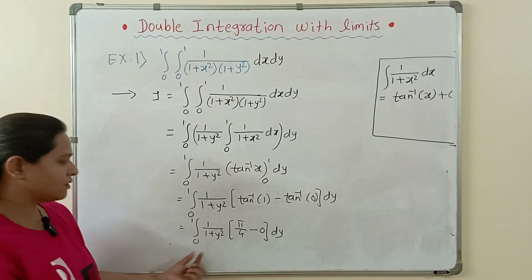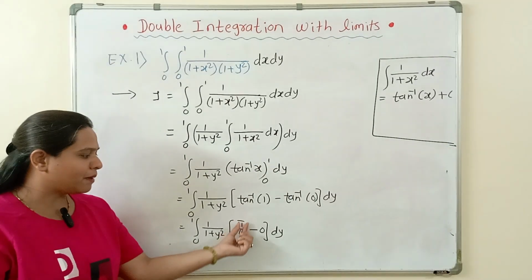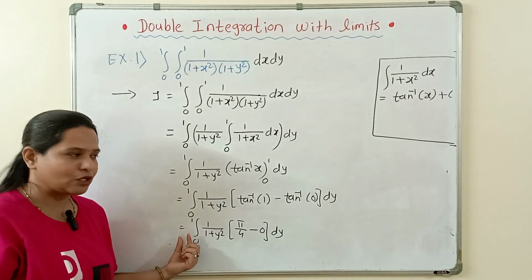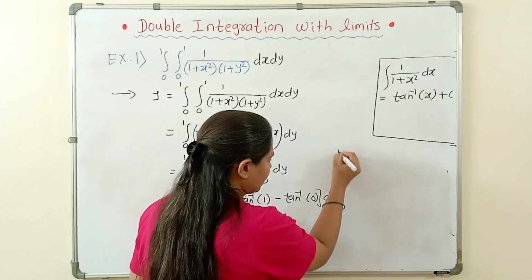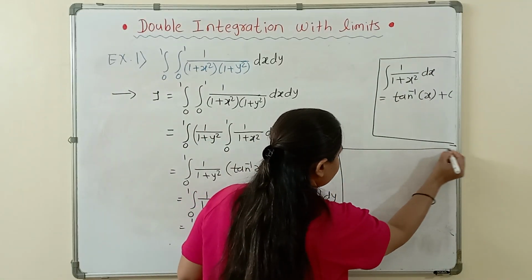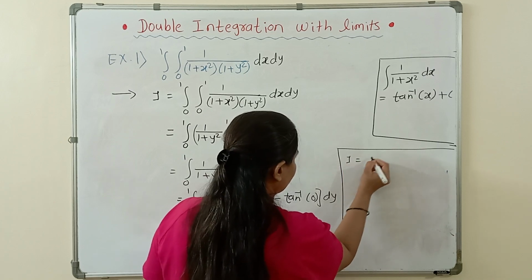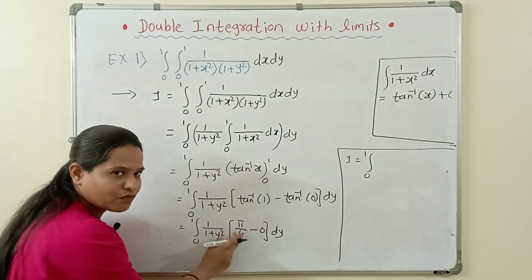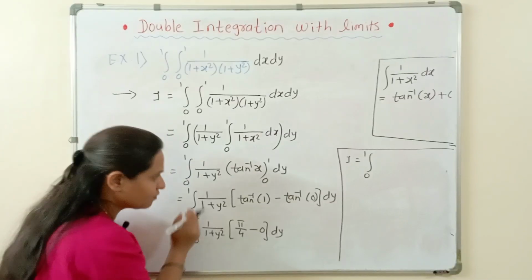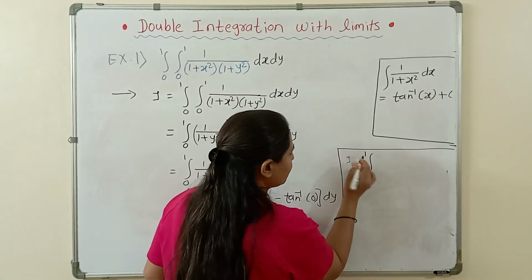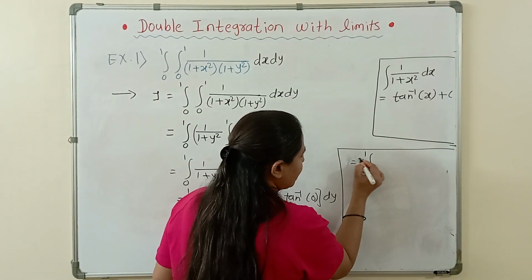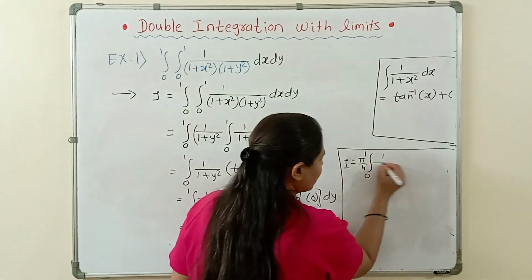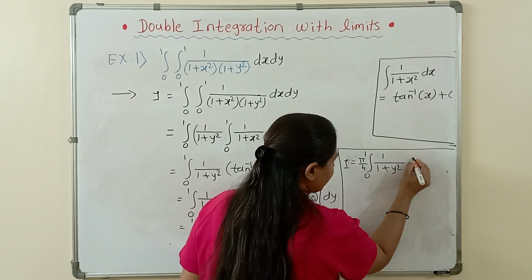Now we can observe that inside the integration pi by 4 is a constant which is multiplied, so we can take that constant outside of the integration. So I is equal to pi by 4 into the integration from 0 to 1 of 1 upon 1 plus y square dy.